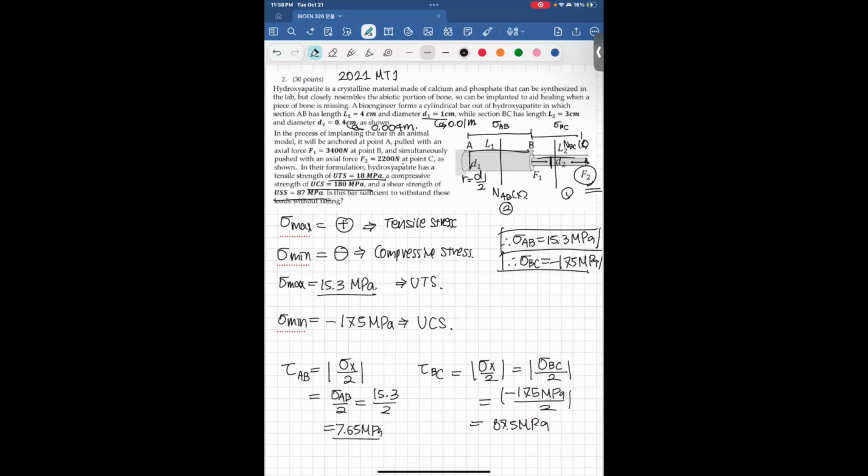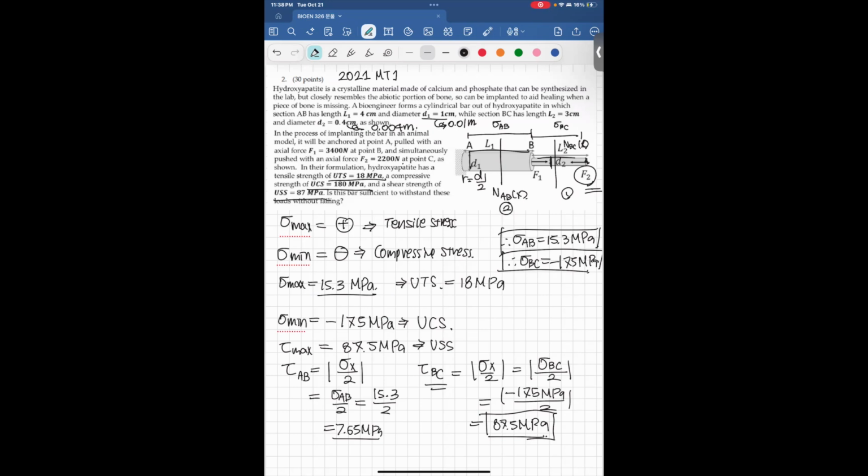So what's the max shear stress we see? For the shear stress analysis, shear max is going to be 87.5 megapascal, which we will compare to USS. UTS given is 18 megapascal.